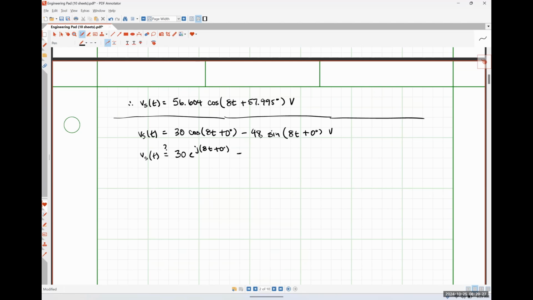And this guy over here, I need to switch it to be a cosine function so that we are comparing them similarly. So what's 48 sine(8t plus 0 degrees) going to look like as a cosine function? So we just subtract 90 degrees, right? So that would be 48 e to the j(8t minus 90 degrees).